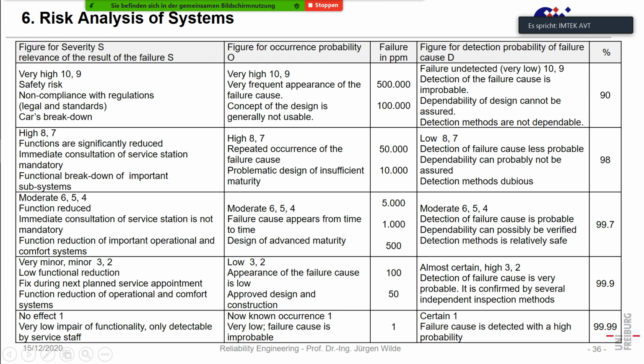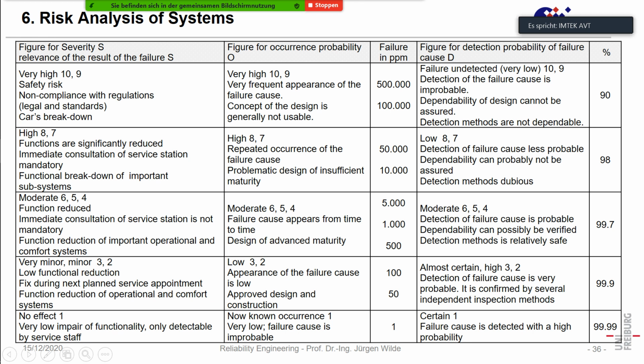Okay. Functions are significantly reduced. Immediate consultation of a service station is mandatory. That means, for instance, your car tells you to go immediately to service.